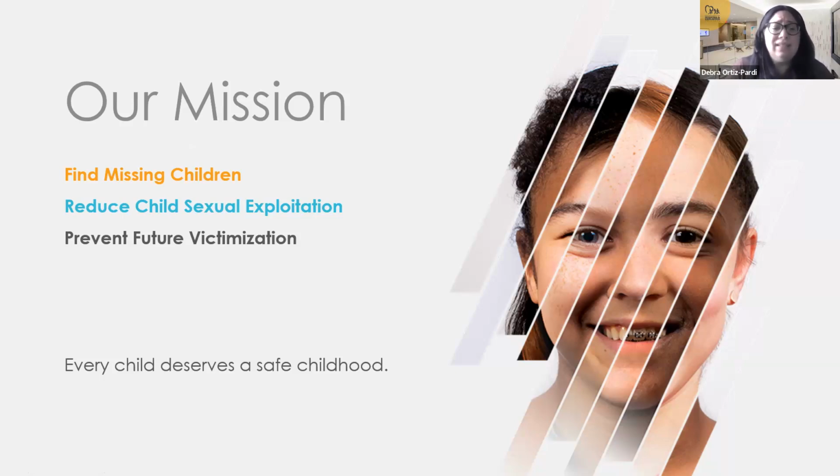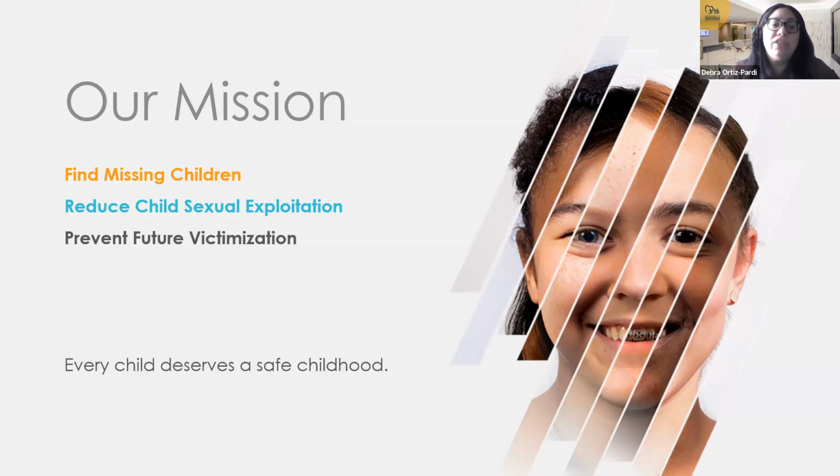So we continue to lead this fight to protect children by creating vital services for them and for people like you who serve them and want to help keep them safer. We know that every child deserves a safe childhood. So we are congressionally funded to operate 15 specific programs related to missing and exploited children. You're going to hear about some of those programs today throughout this presentation.